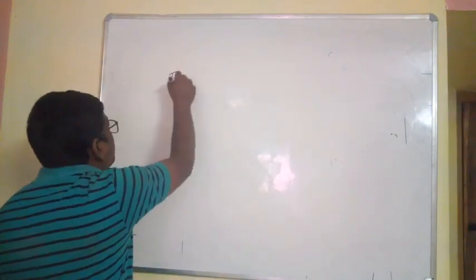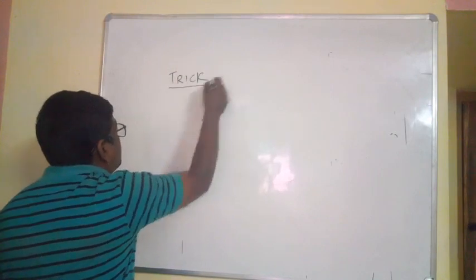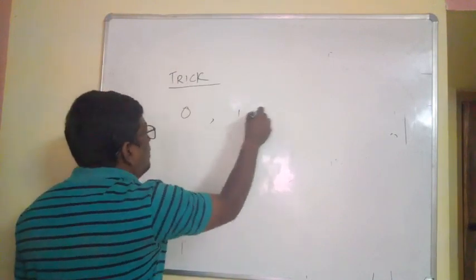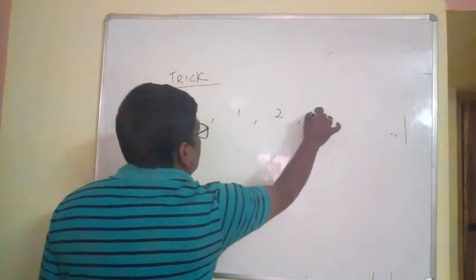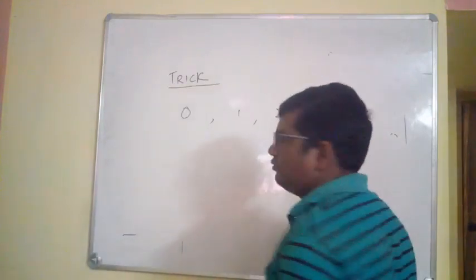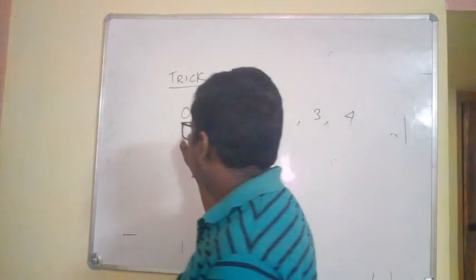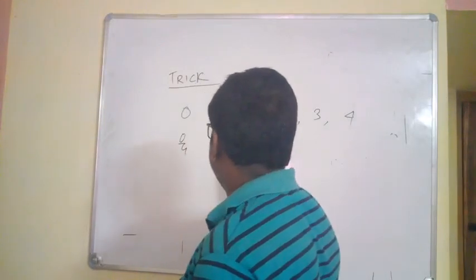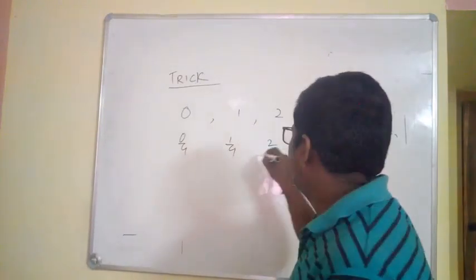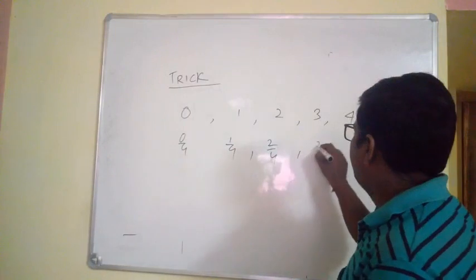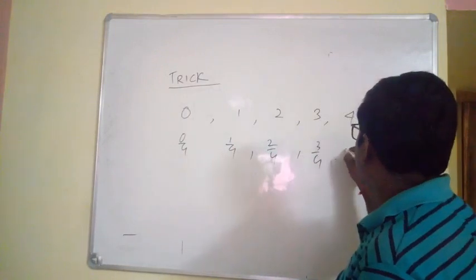The trick is: write 0, 1, 2, 3, 4. Then divide by 4: 0 by 4, 1 by 4, 2 by 4, 3 by 4, 4 by 4.